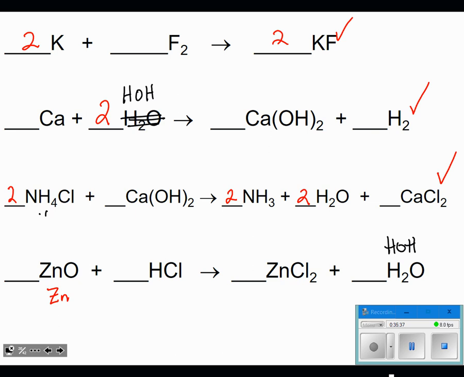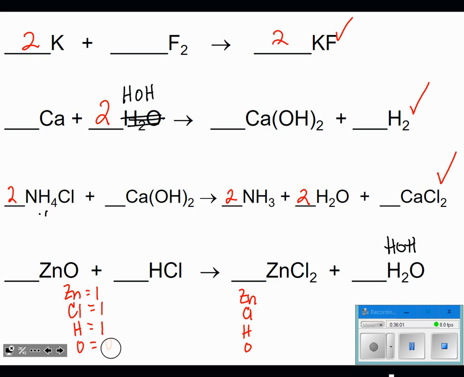So if I have Zn and Cl and H and O, and then I have Zn, Cl, H, and O. So Zn I have 1, Cl I have 1, H I have 1, and O I have 1.